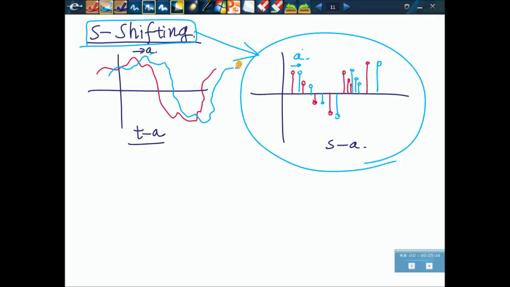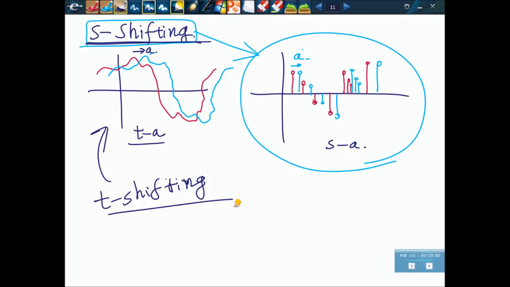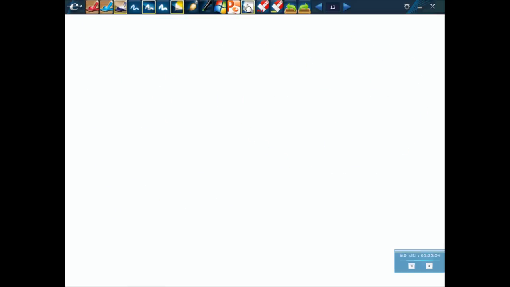Then naturally, T shifting is this. So S shifting and T shifting, you clearly understand what's going to happen for that shifting, right?